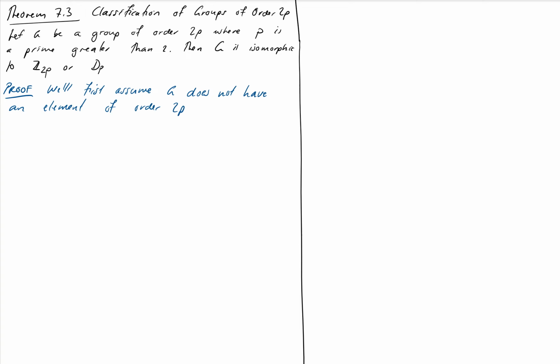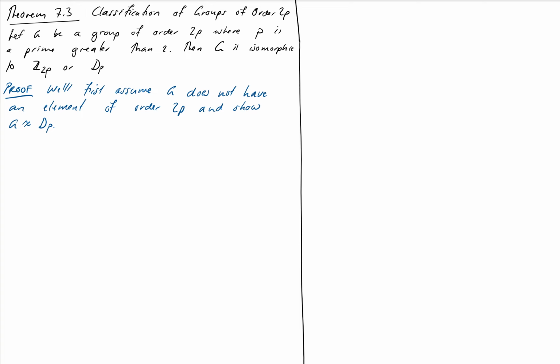Once again, if it has an element of order 2p, it's automatically cyclic and isomorphic to Z2p. And we'll show that if it does not have one of these, then G is isomorphic to the dihedral group of order 2p.